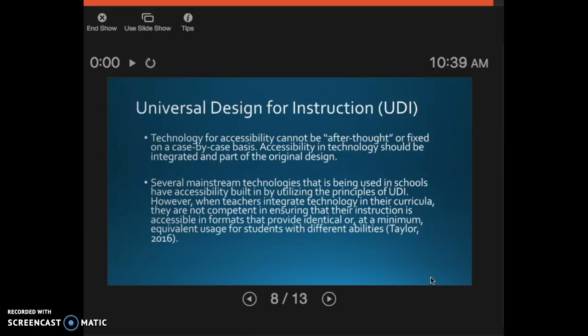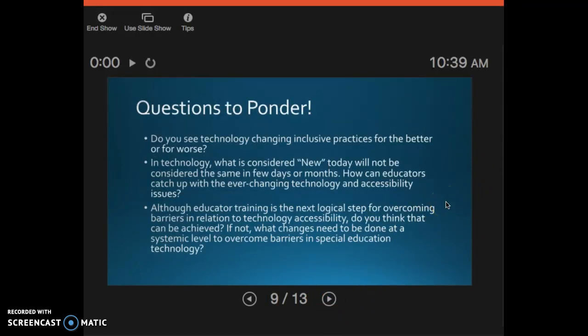So they're not aware in ensuring that their instruction is accessible in formats that provide identical or at a minimum equivalent usage for students with different abilities. And that's very true. So teachers are just not aware. And that's where this week we are going to think a little on those lines.